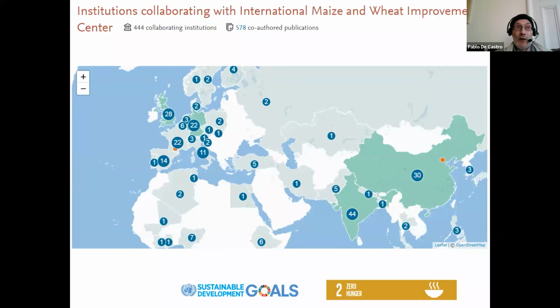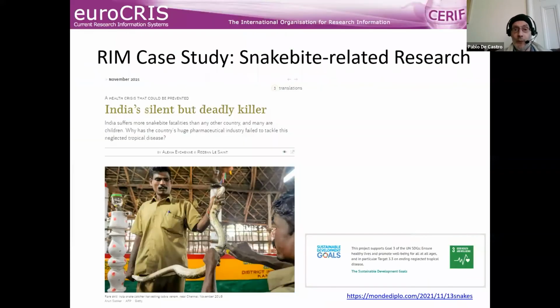But when you look at the research information available for these research fields, the research activity carried out in developing countries is often not so well represented in the global snapshots.